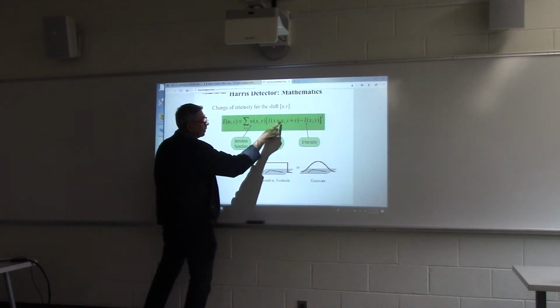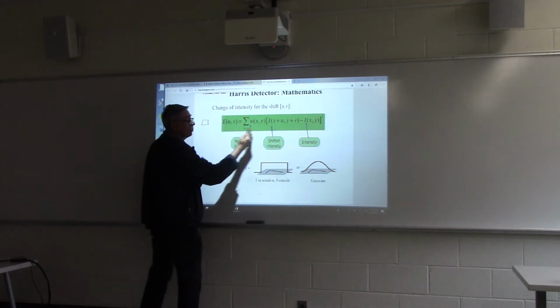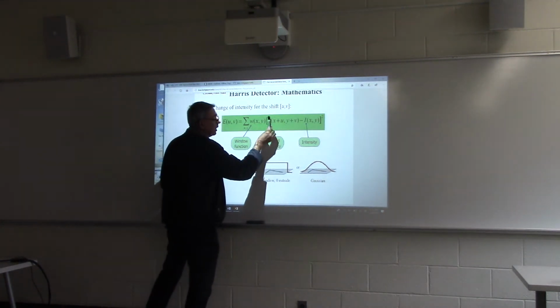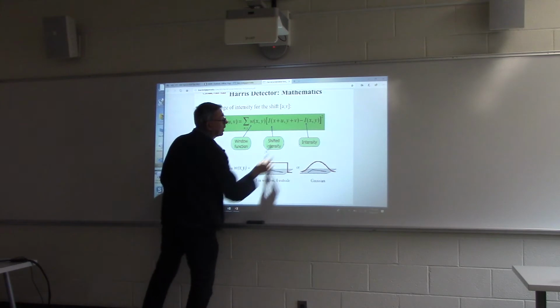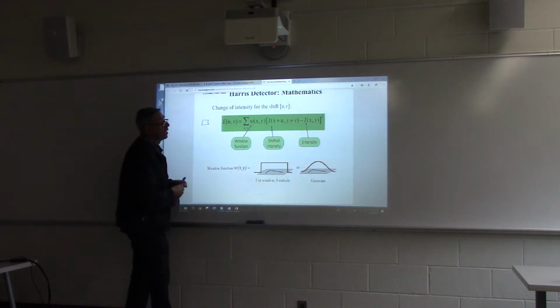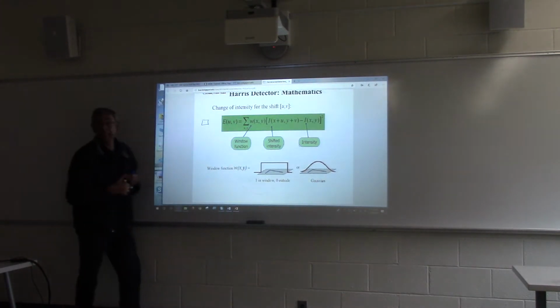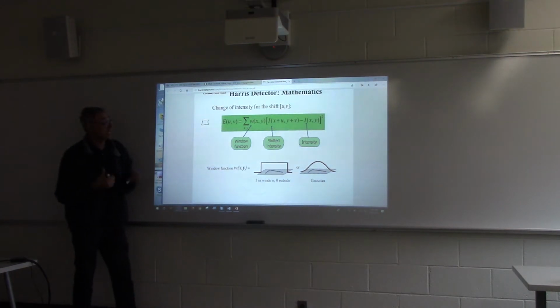So u could be 1 pixel, could be 2 pixels as we move it to the right or the left. And as we move, we compare it with the original, and we do it for all points in the window, and then we sum it over all points. And if this is a high intensity, then it's a corner, otherwise it's not.